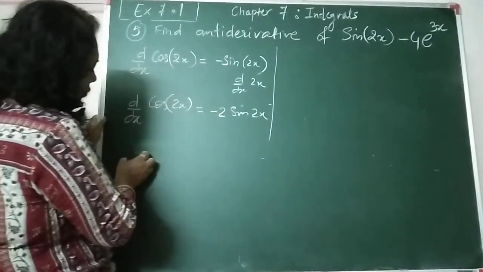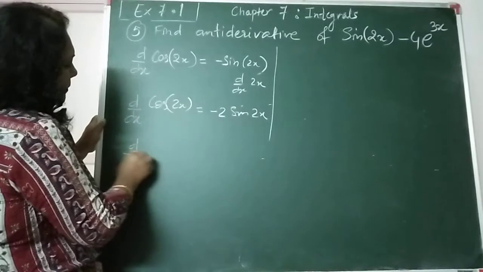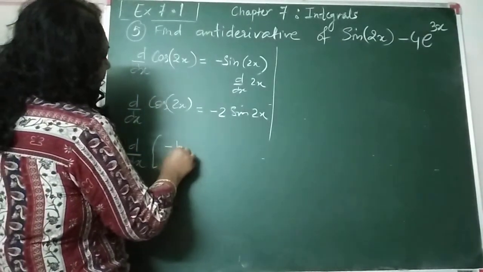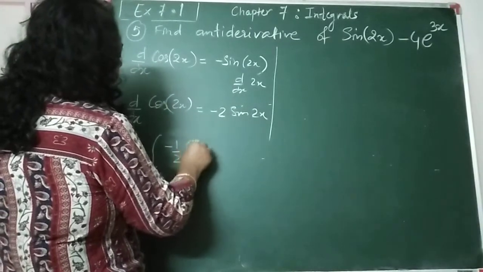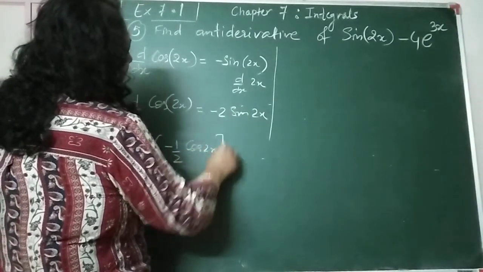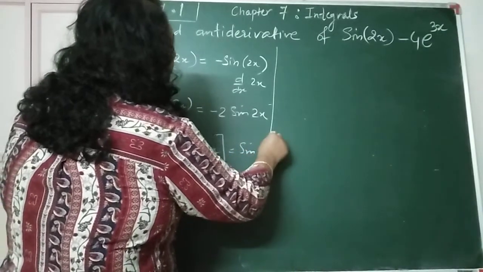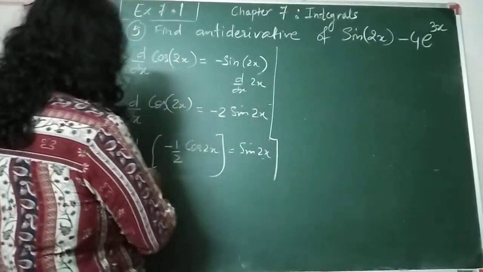Bring this minus 2 down here. So d by dx of minus 1 upon 2 into cos of 2x is equal to sine of 2x, right?